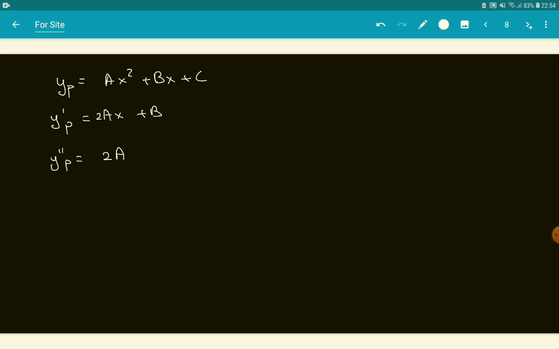As we know this already, we put them all back into the equation: y double prime plus 5y prime plus 6y is equal to 108x squared. y double prime is 2a, plus 5 multiplied by (2ax plus b).